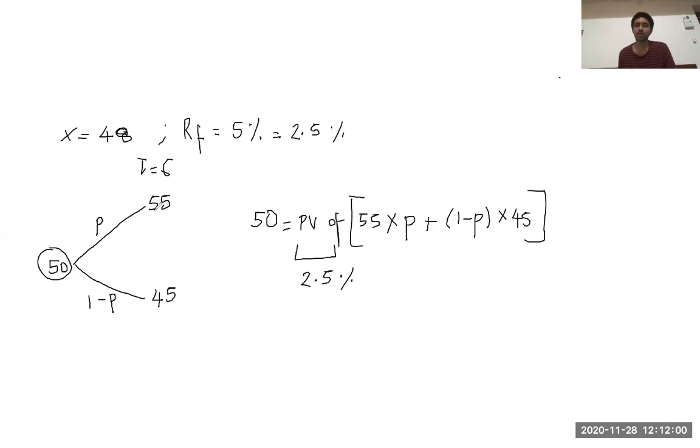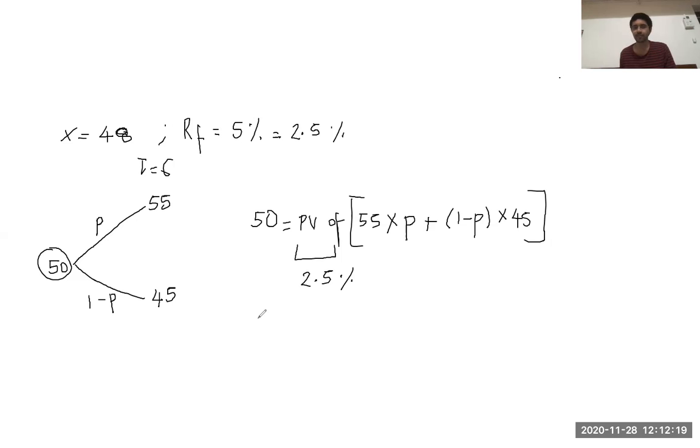Now that we know the expected share price could be either 55 or 45, and the present value of the share price is 50, let's solve for P. Then we can plug these P values into the upper node and the bottom node.